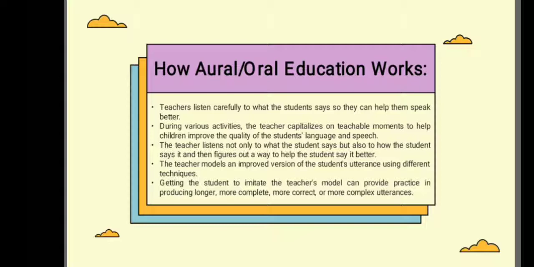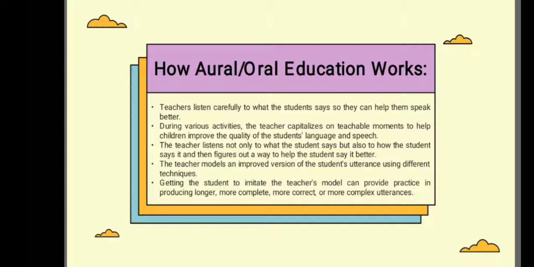The teacher models an improved version of the student's utterance using different techniques. Getting the student to imitate the teacher's model can improve or provide practice in producing longer, more complete, more correct, or more complex utterances.